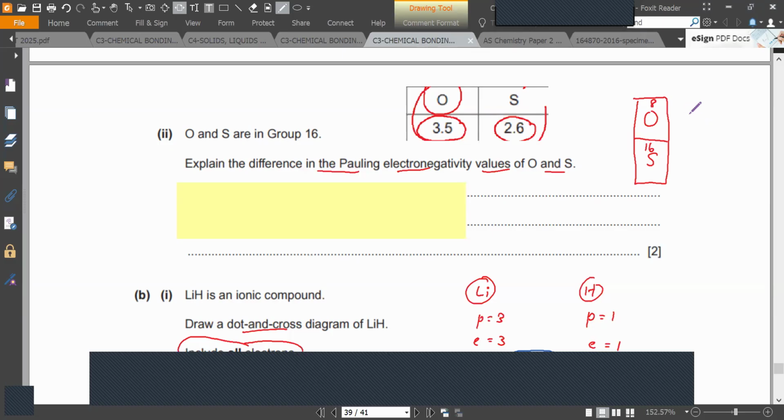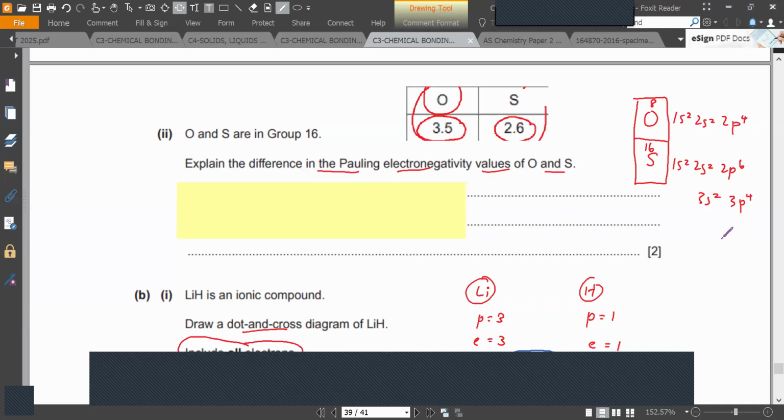The electron configuration of oxygen is 1s2, 2s2, 2p4. Sulfur will be 1s2, 2s2, 2p6, and then 3s2, 3p4.